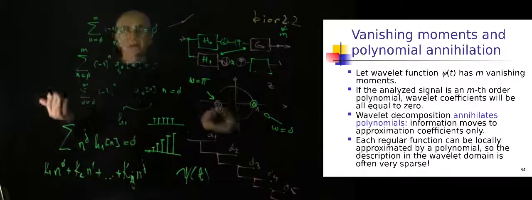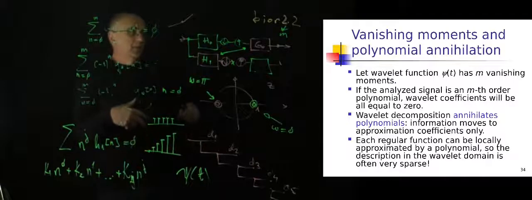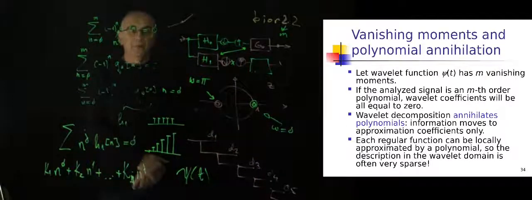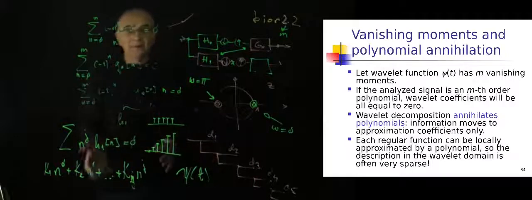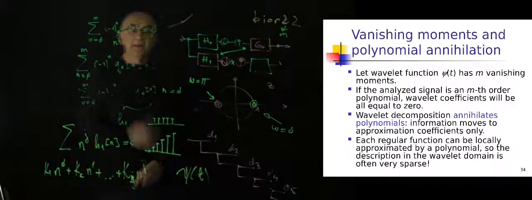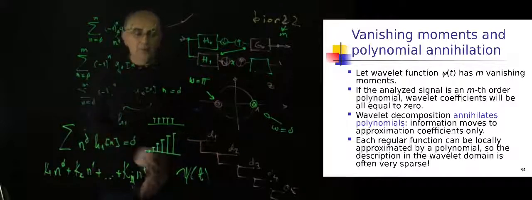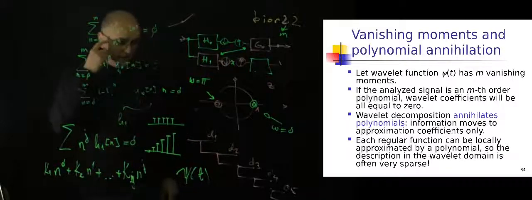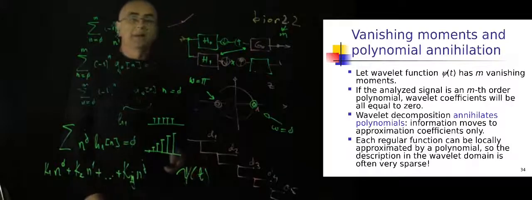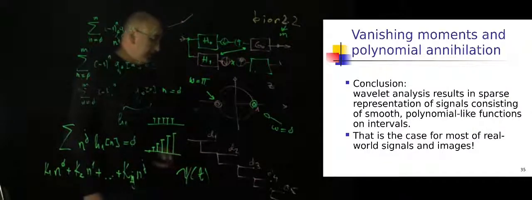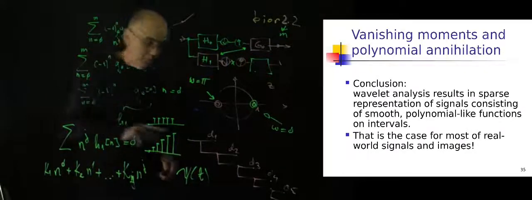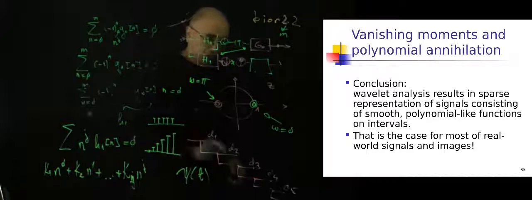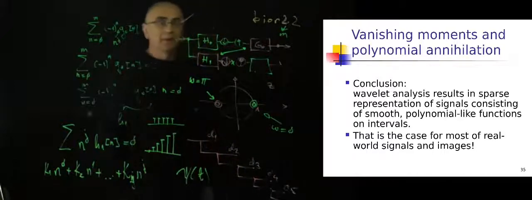Which signals cannot be described as polynomials? What is the opposite of, let's say, law and order? Let's say the opposite of law and order is chaos, and the signals that cannot be locally described as polynomials are, for example, white noise. Let's try to decompose white noise using some orthogonal wavelets.